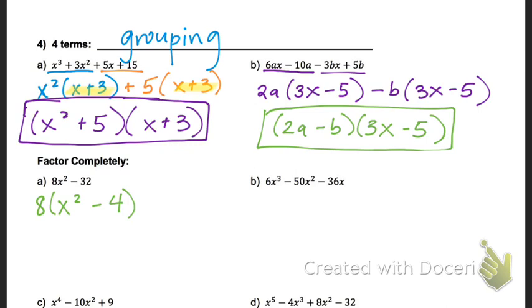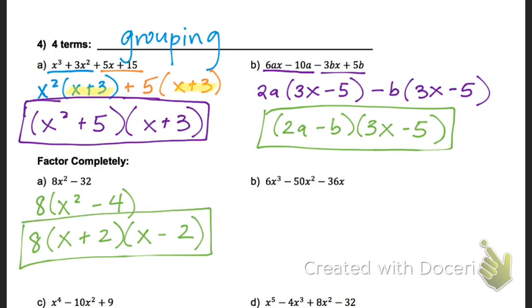Now it's a difference of 2 squares, and so that gets factored to be x plus 2, x minus 2. Is that it? Yep.